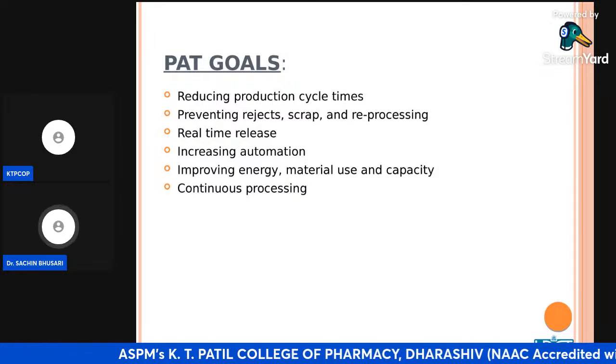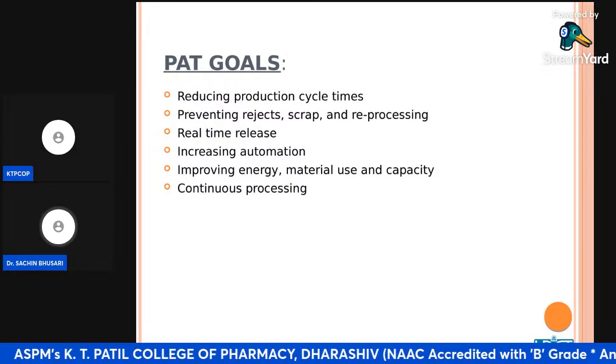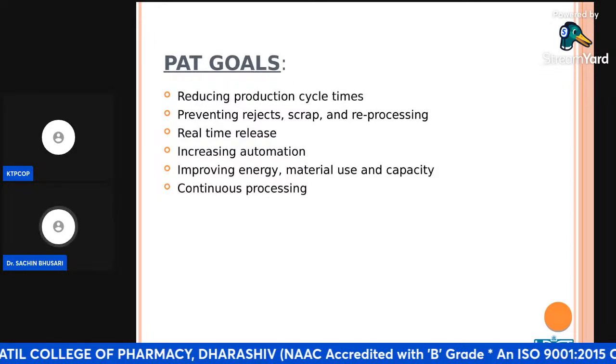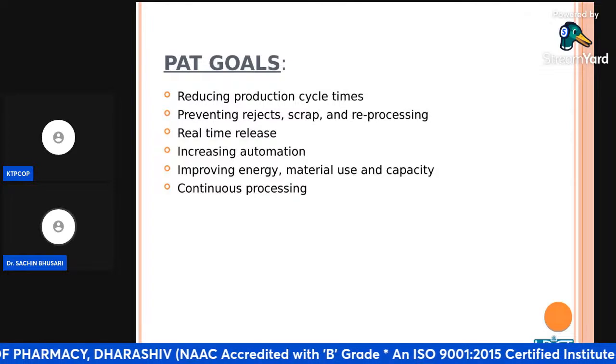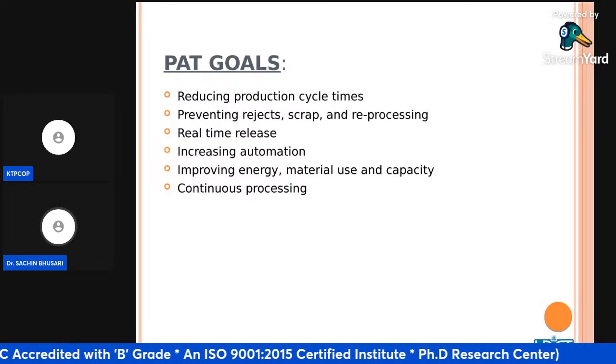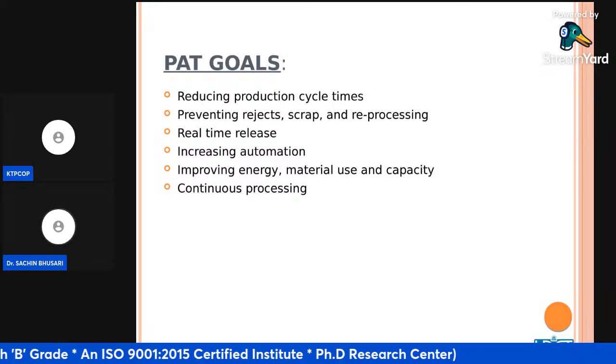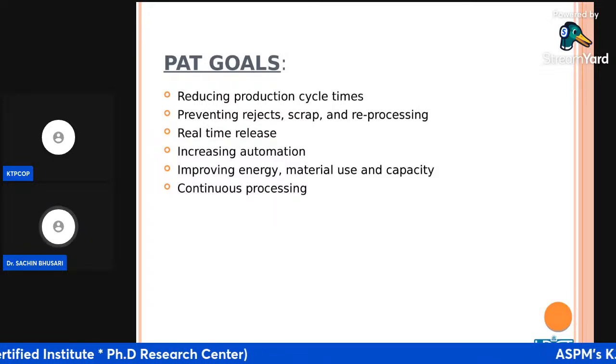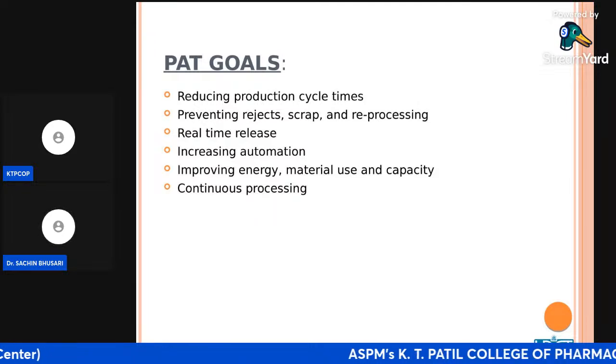If you have PAT with you, real-time release is quite possible, because whenever there is manufacturing of a particular batch, say a paracetamol tablet, if you have real-time monitoring and real-time analysis through PAT, you can release the batch immediately. No need to take 24 hours or 48 hours. So that was another goal, because industry is always on its toes. Now the fourth is increasing automation.